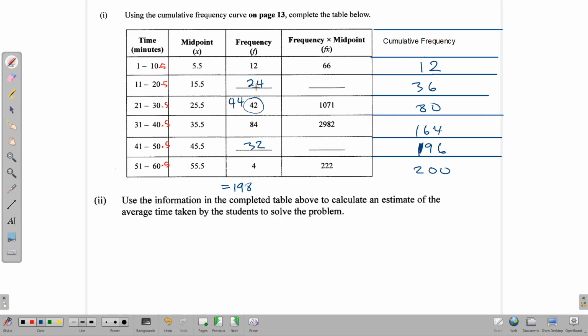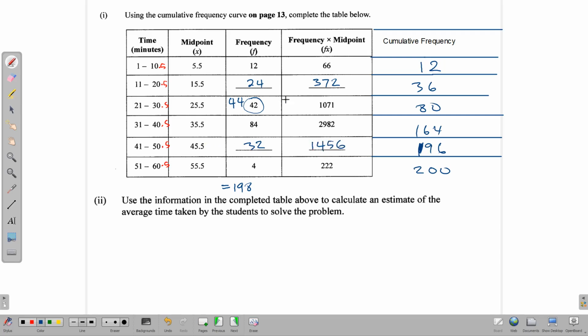once we find our frequencies, we can multiply the frequency here times the midpoint, and 24 times 15.5. Punch that into your calculator. That, of course, gives 372. And the last one here, 32 times 45.5, would give us 1,456.